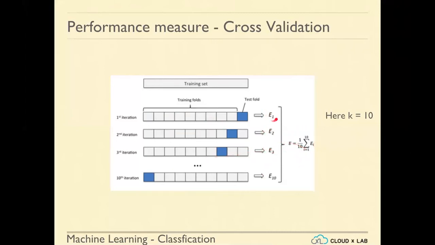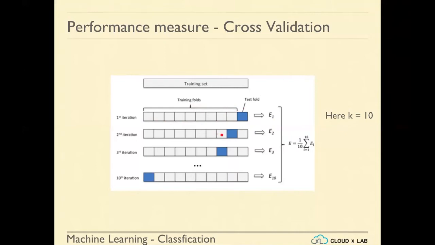We compute the error, and the error is basically this. I think this E represents error here, not the model. So on the first iteration, we trained our model on this and tested here.